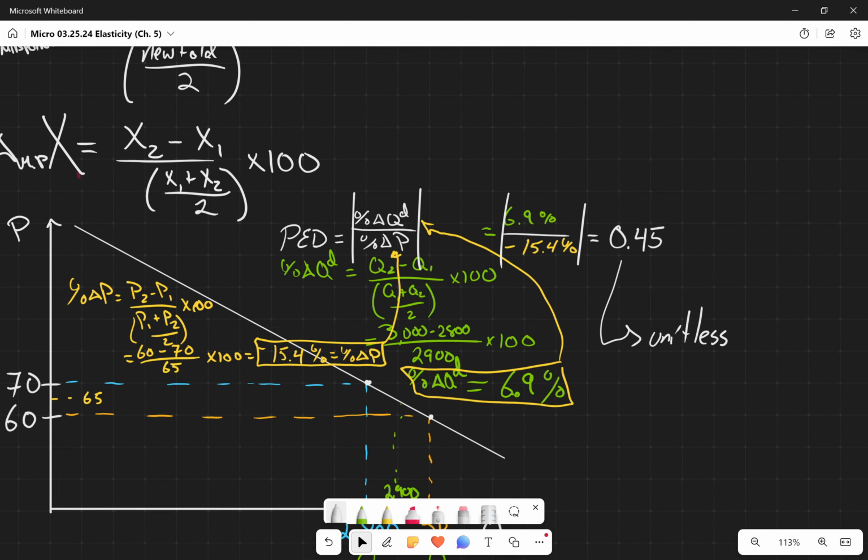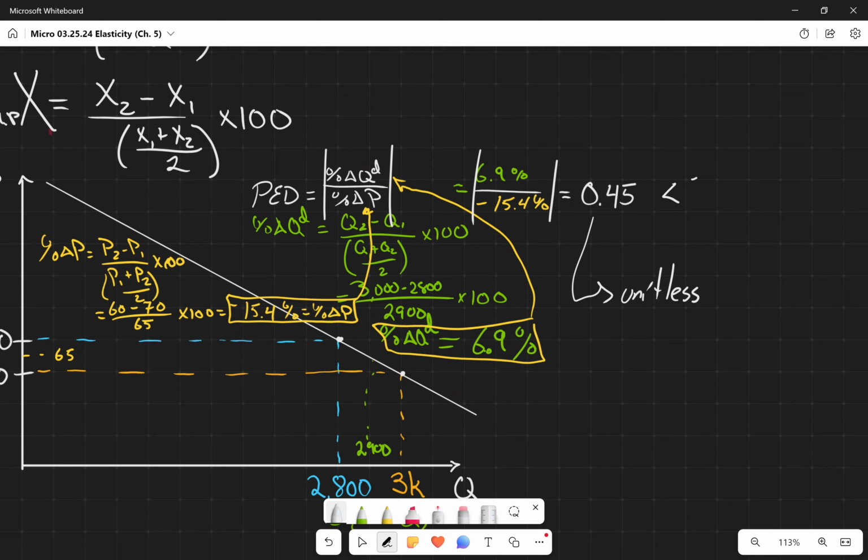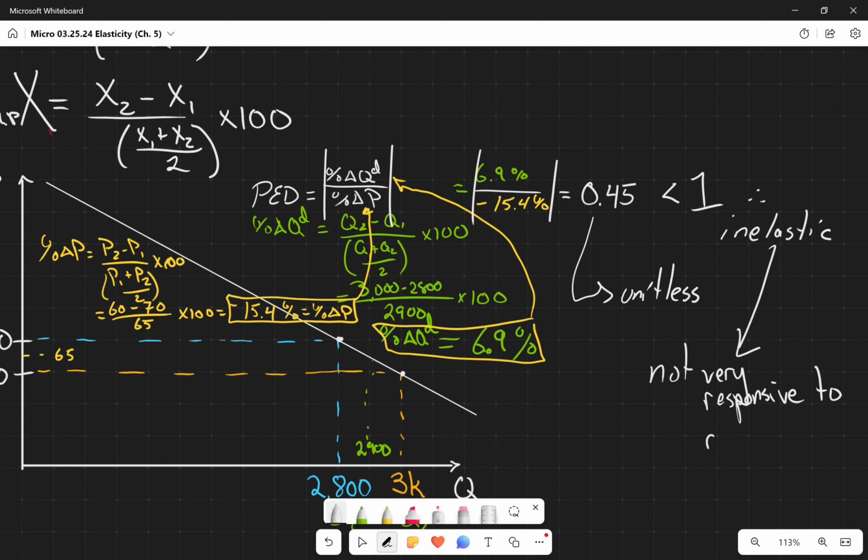So this one here is less than 1. Therefore, it is inelastic, or not very responsive to changes in price. What isn't very responsive? The quantity demanded.